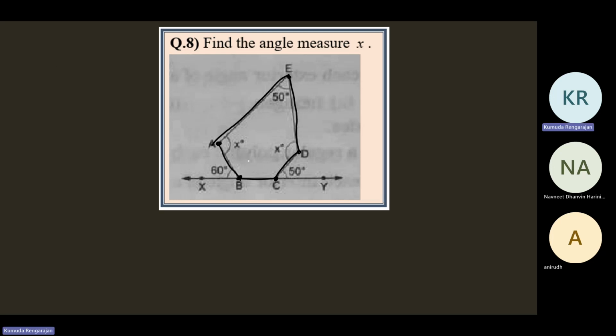So this polygon has 5 sides. The 5 sides are AB, BC, CD, DE, and EA. And the name of this pentagon is ABCDE. Next question. What will be the measure of this angle?